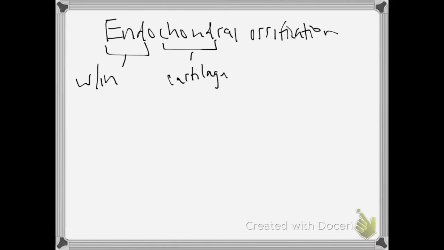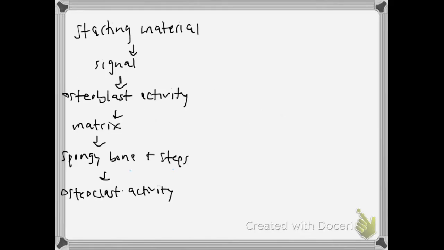This gives us an indication of our starting material, which for endochondral ossification is hyaline cartilage. I'm going to write all this out first, then draw the picture, and once again connect it. So our starting material is this hyaline cartilage template.